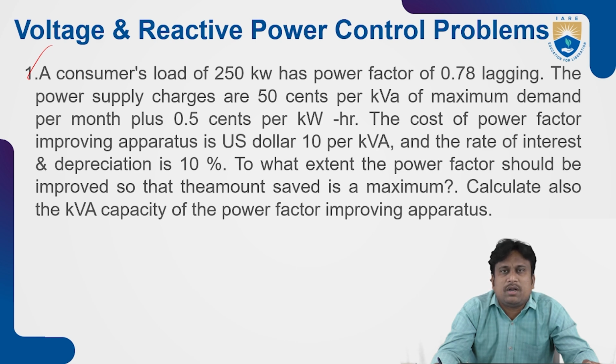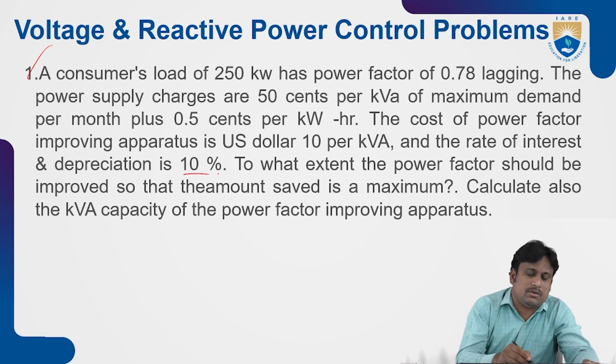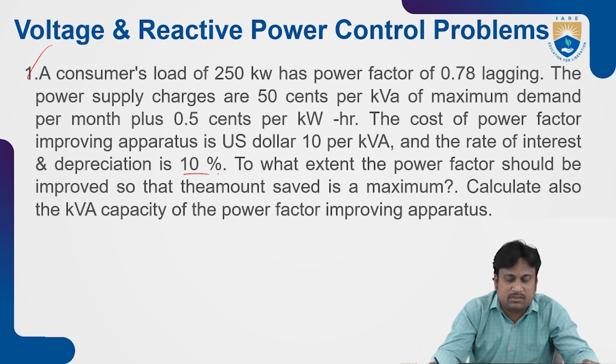0.5% per kilowatt hour. The cost of the power factor improving apparatus, considered in US dollars, is 10 rupees per kVA, and the rate of interest and depreciation is about 10%.